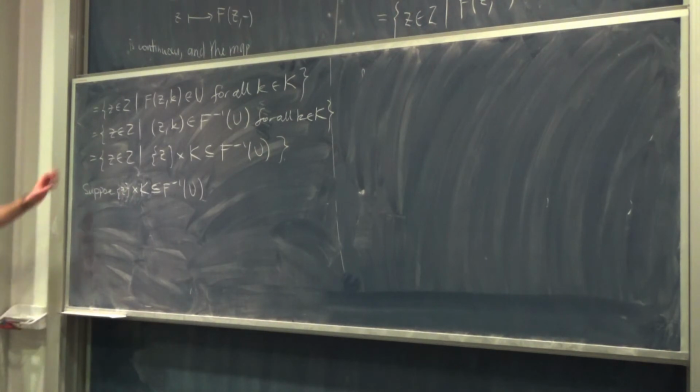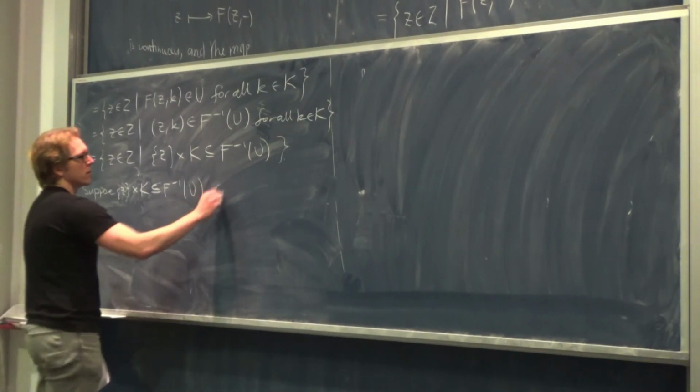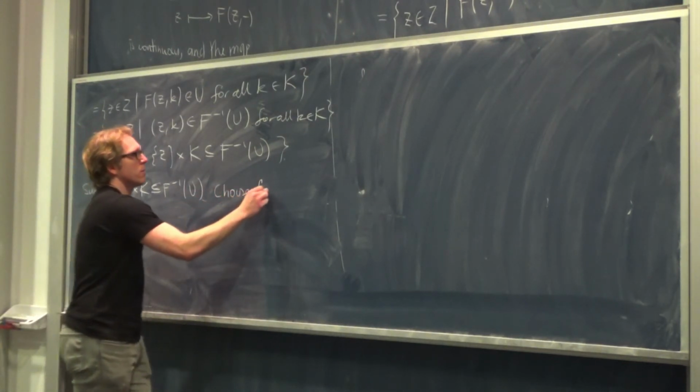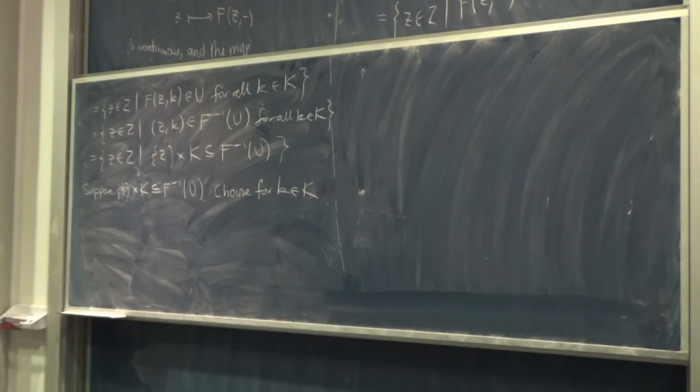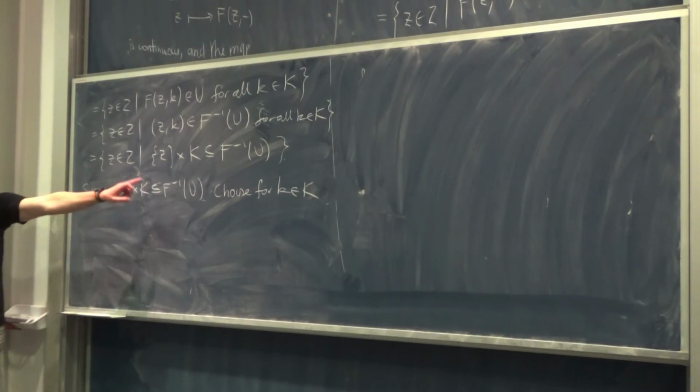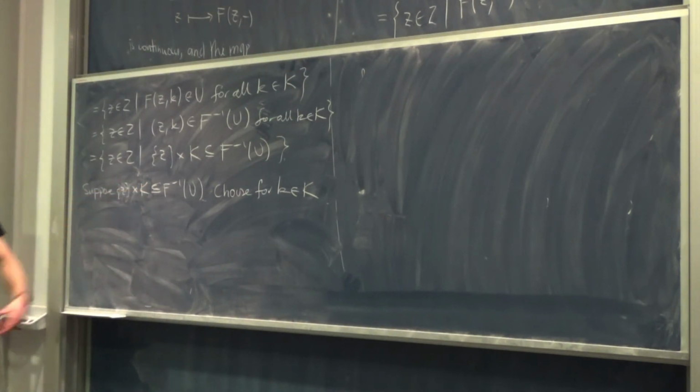Right, I'm supposing z lies in this set. So for each k in K, the pair (z, k) lies in F inverse U, and that's open because F is continuous.